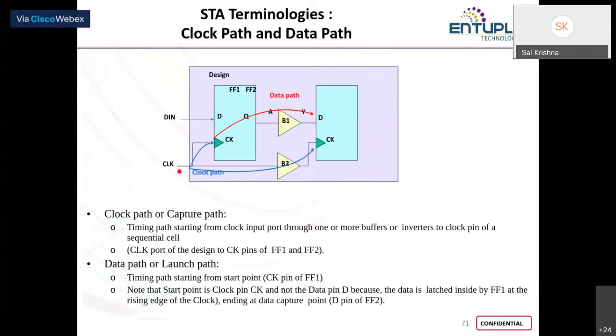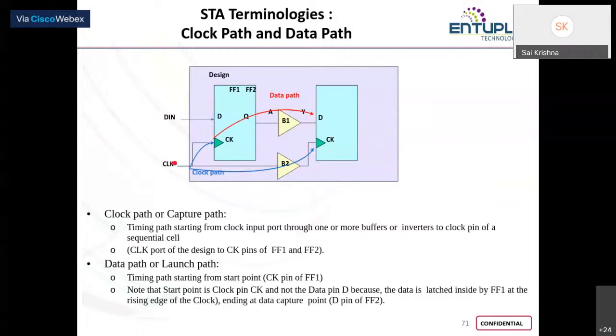Whereas the path where your clock is actually propagating, that means from the clock source pin directly to the sync pin. Initially there's a wire delay and then there is a buffer, so the cell delay of buffer B2, and then again the wire delay.